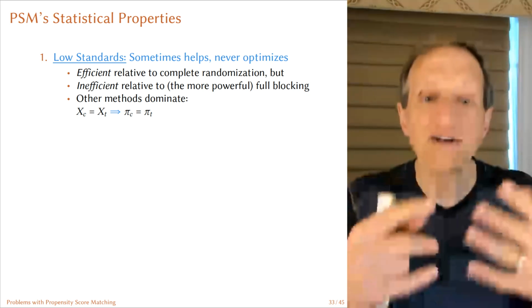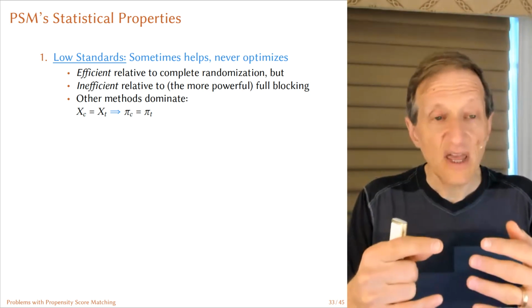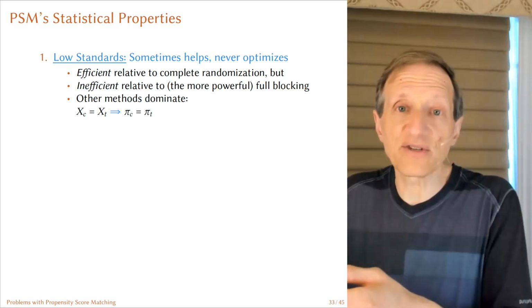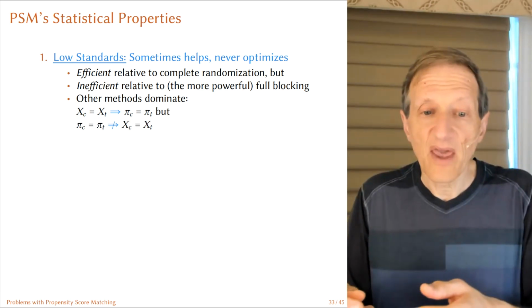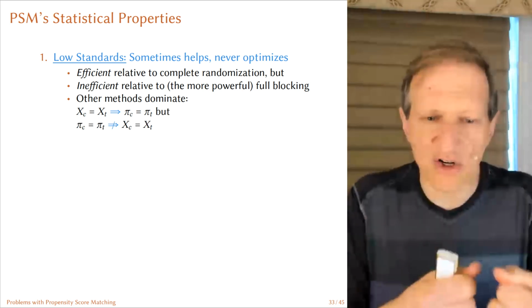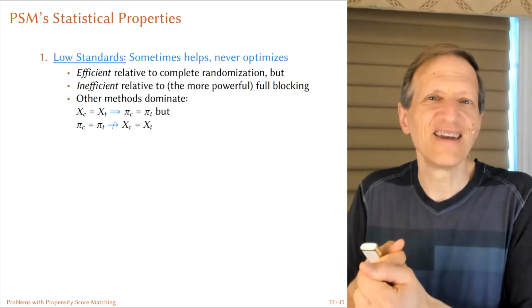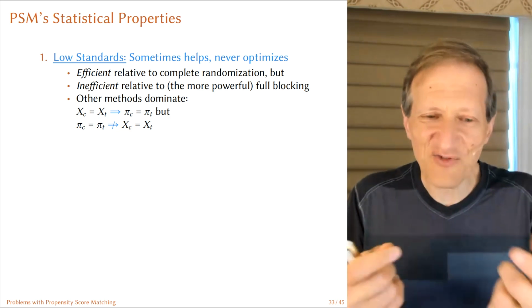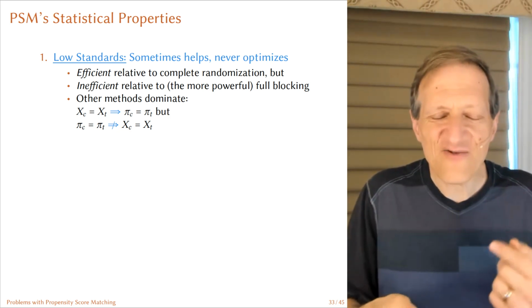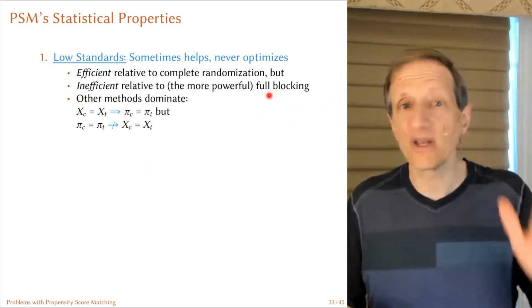If you have exact matching between XT and XC, then you get exact matching on the propensity scores, no question. But if you have exact matching on the propensity scores, which is the goal of the procedure, you don't get exact matching on the X's. I showed you that in the best case graph, right? So that's really weird. And the real thing is the applied literature, the methodologists totally understand the method.